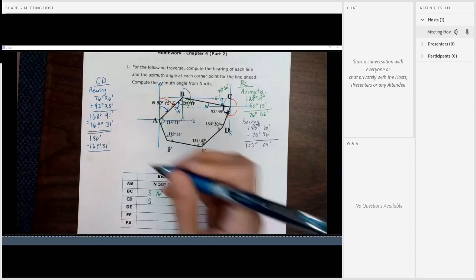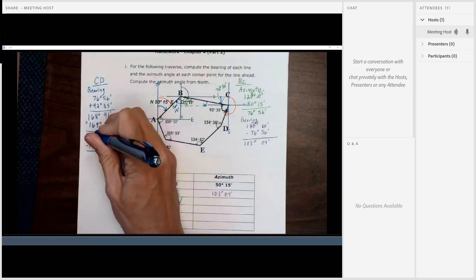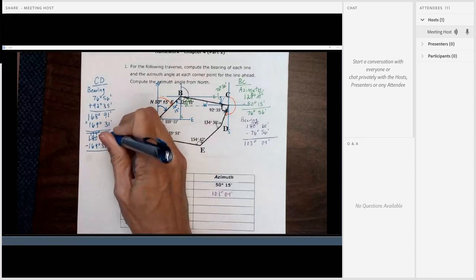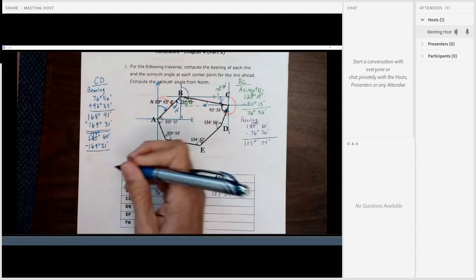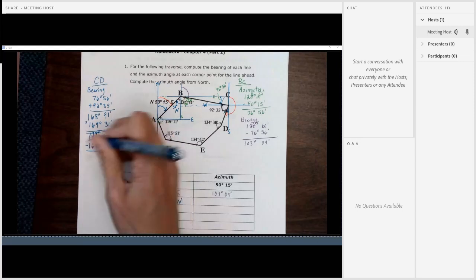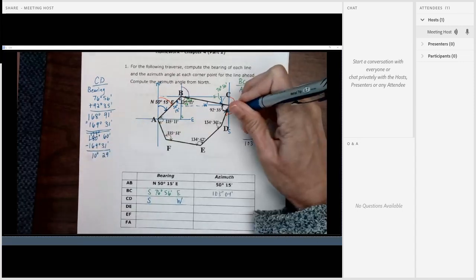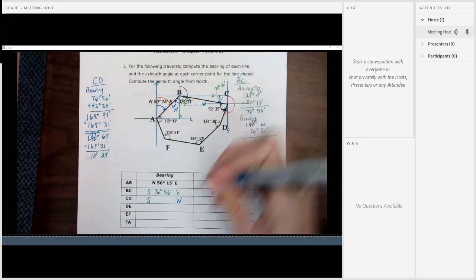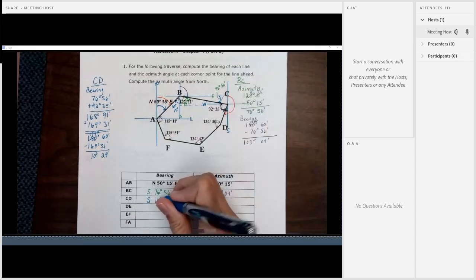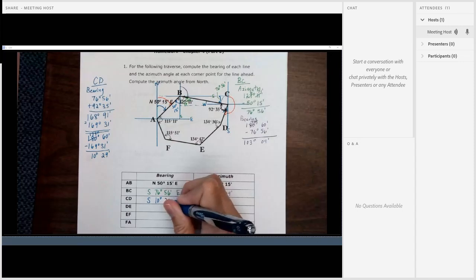I got to borrow here. So that'll become 179 degrees, 60 minutes. This will become 29 minutes and 10 degrees. So that little bearing in there is 10 degrees, 29 minutes.